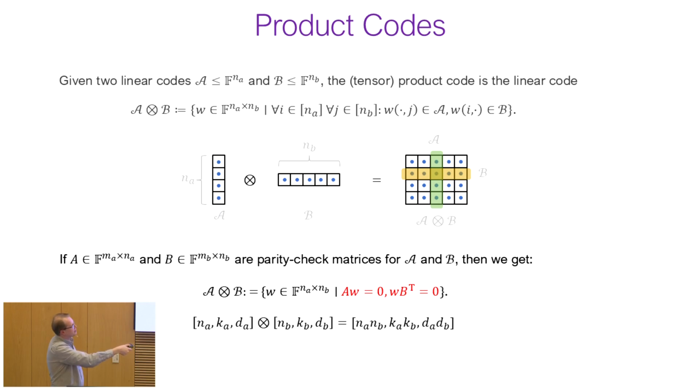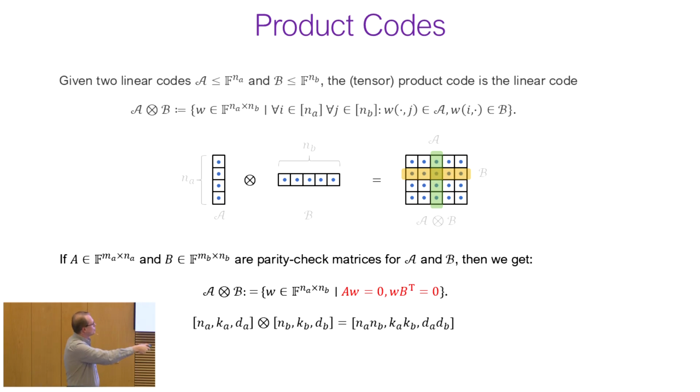If we multiply from the left by the matrix A, we obtain the syndromes that correspond to these vertical checks. And if we multiply from the right by the transposed version of B, then we apply this matrix to every row, and so we check the code B.